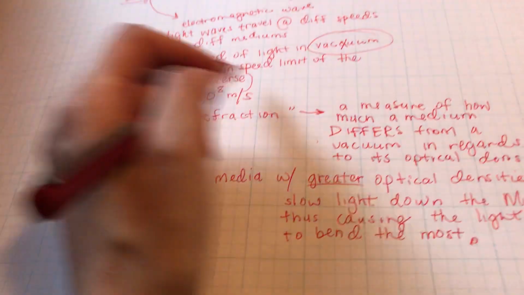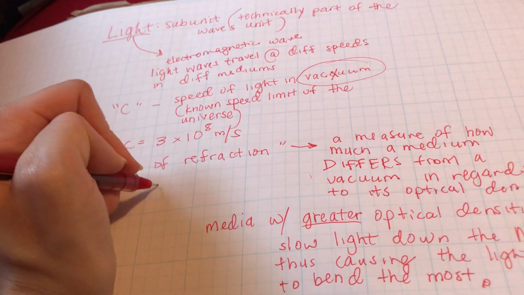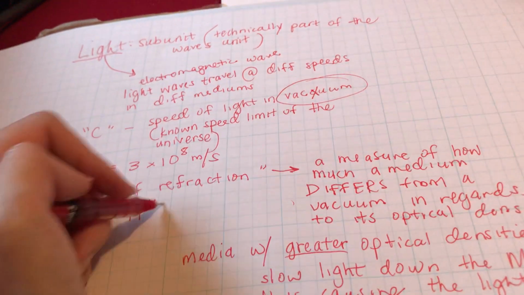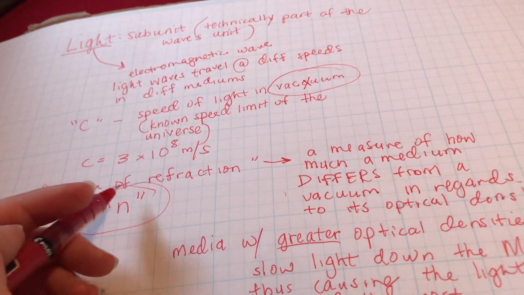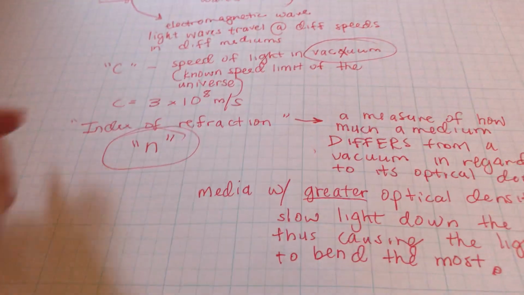Okay, so the index of refraction, which is represented by variable n, is essentially a measure of how much a medium slows down light.